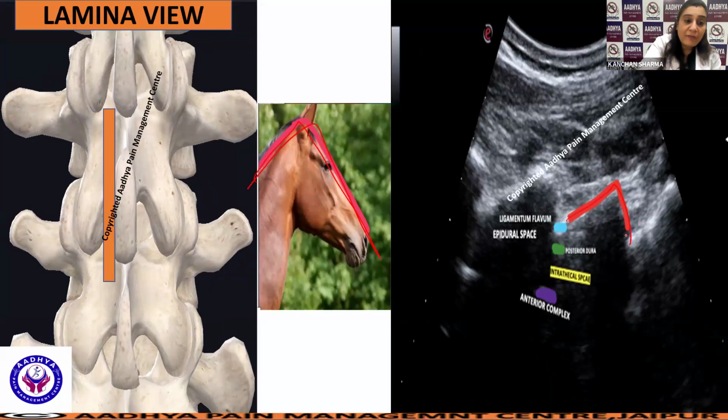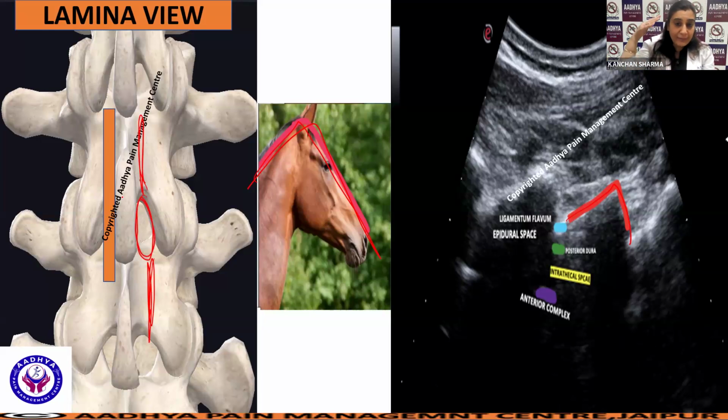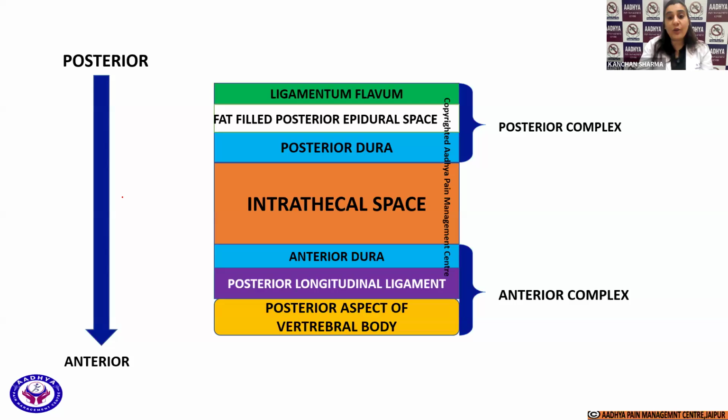Since we are moving from one lamina to the other lamina, we have one window here. Through this window, we will be able to peep inside the vertebral canal and see the structures. I have made it very easy. Because our probe is on the posterior aspect, we are seeing from the posterior to the anterior.